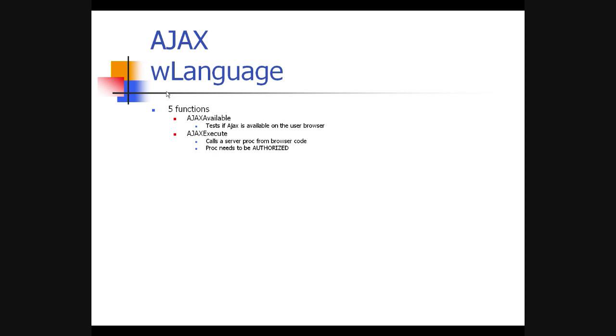Of course, the procedure needs to be authorized, which means that the procedure by default cannot be called by Ajax mode. Why? Well, obviously, if all the procedures that you have on the server could be called by any type of HTML code out there, it would be a huge security threat.